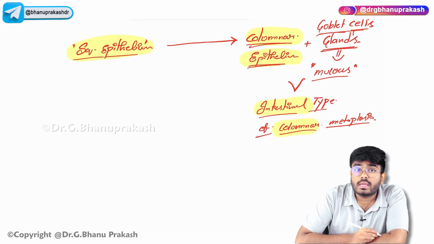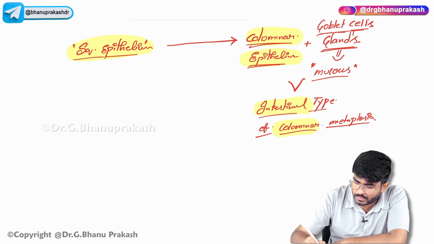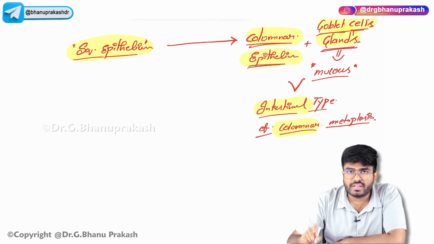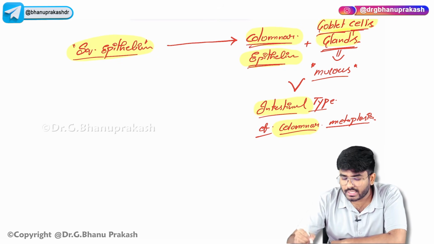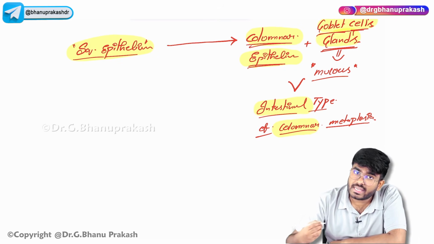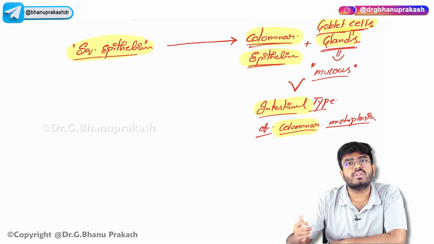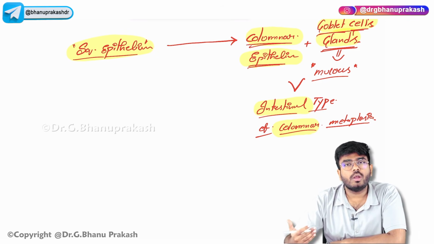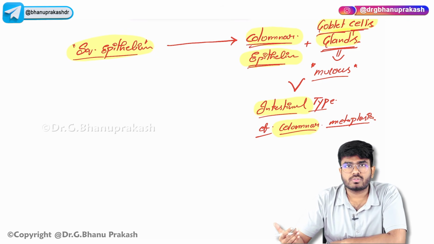Because goblet cells are present in the intestine, not in the stomach. In the stomach, of course, columnar epithelium will be present, but not the goblet cells. Here, columnar epithelium is there along with goblet cells, which is usually seen in the intestines. So intestinal type of columnar metaplasia is seen in Barrett's esophagus.